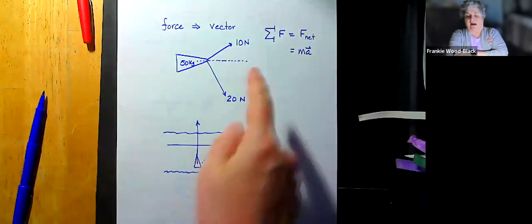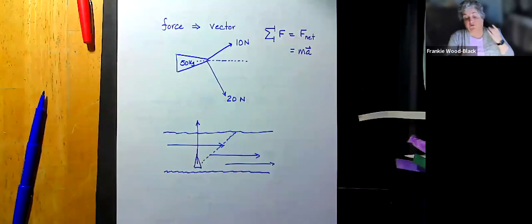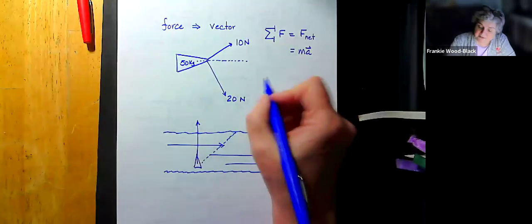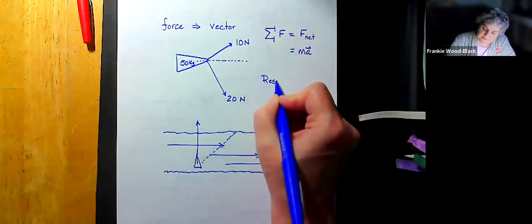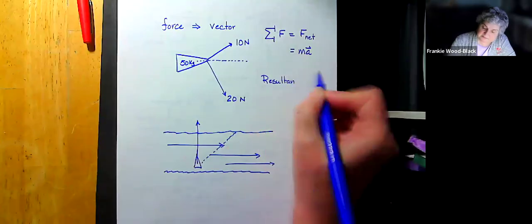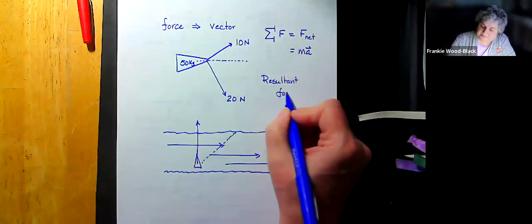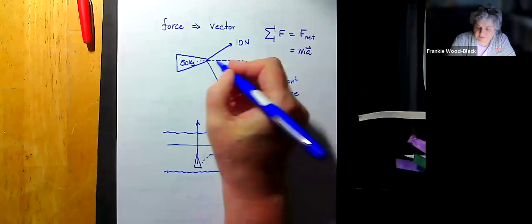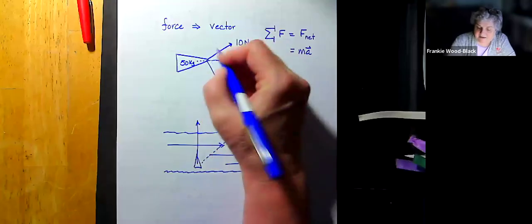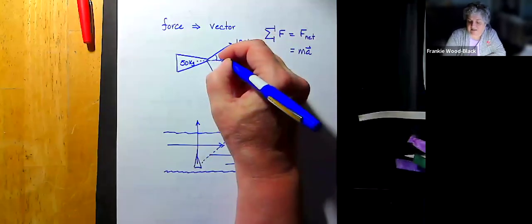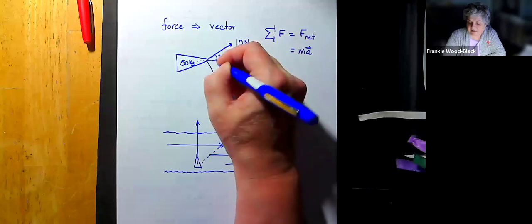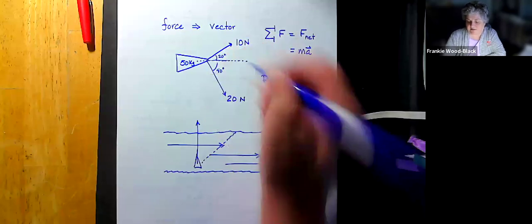And we want to figure out the direction of the boat. So first of all, we want to find out the resultant force. Well, guess what we have to do? We have to break this up. I have to give you some more information. We're going to say that this is 20 degrees, and that's 40 degrees.